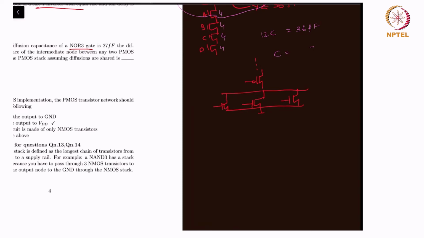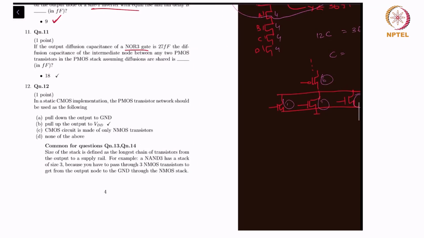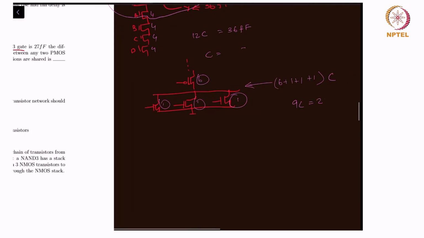So this is 2 times 3, that's 6, because it's a 3 stack. So that's 1, 1, and 1. So the capacitance here is going to be 6 plus 1 plus 1 plus 1, right? These guys times C. So that's 9C, right? 9C corresponds to 27 femtofarad. Similarly, now we get C is equal to 3 femtofarad.